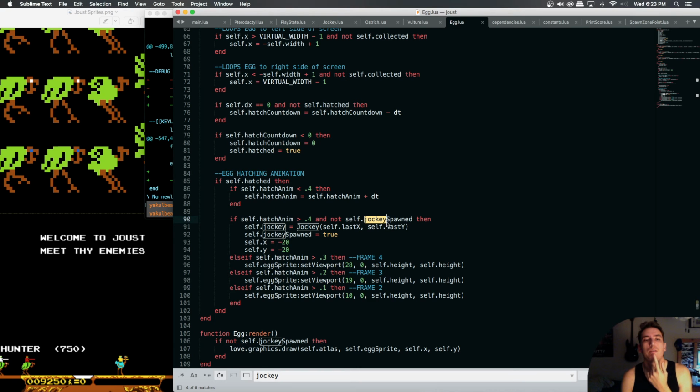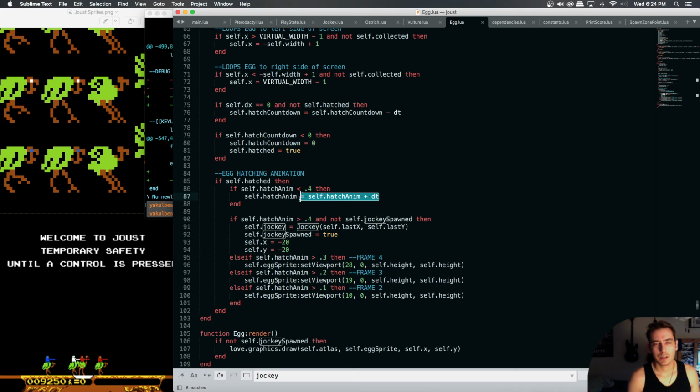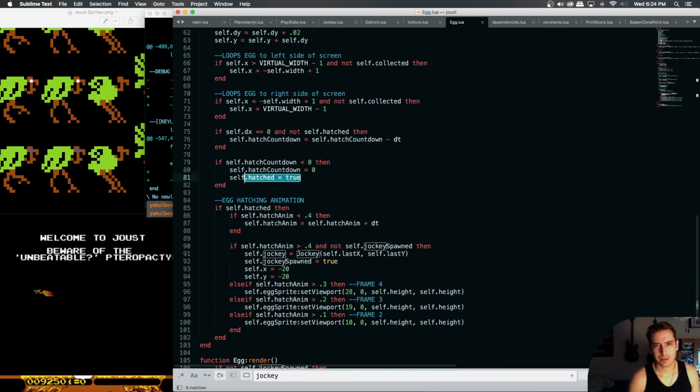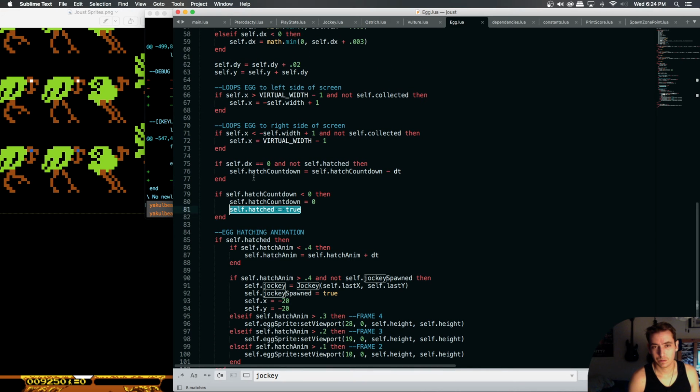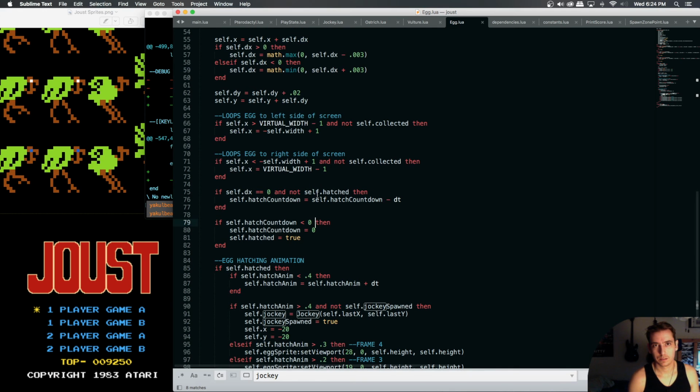Oh, that's weird, because we shouldn't instantiate a jockey unless our hatch animation is greater than 0.4. Hatch animation will only get bigger if we are self-hatched. And we are only self-hatched if our hatched countdown is smaller than 0 and not collected. Correct?